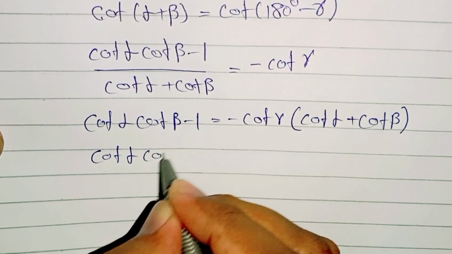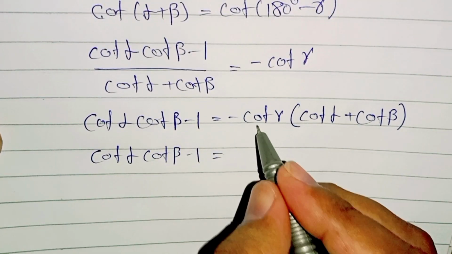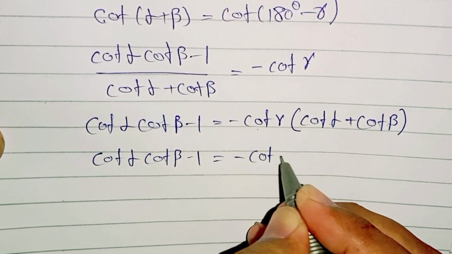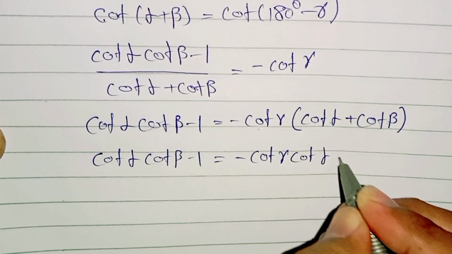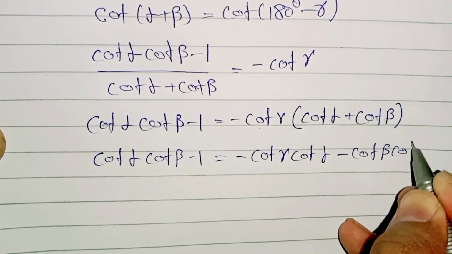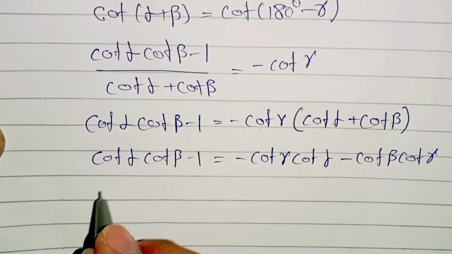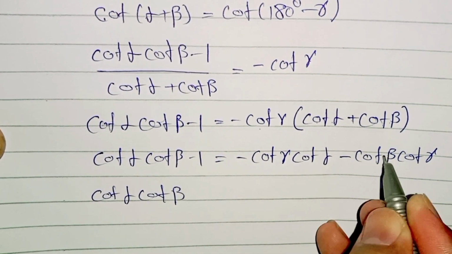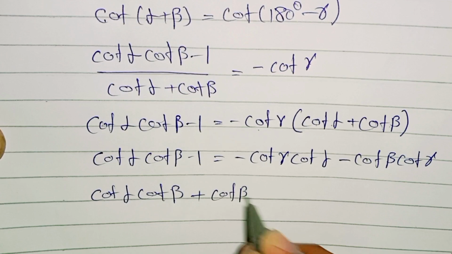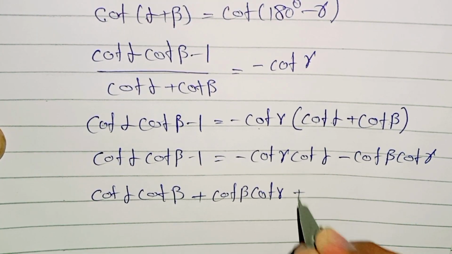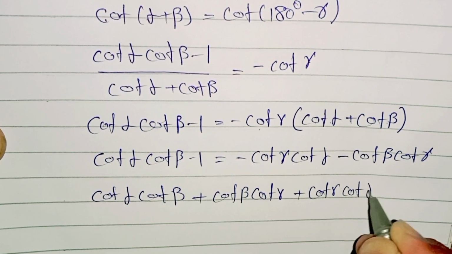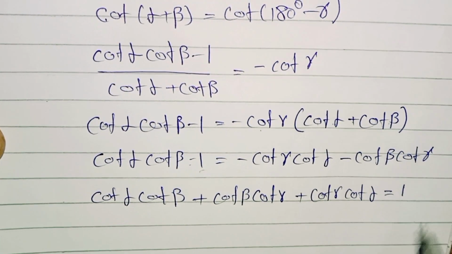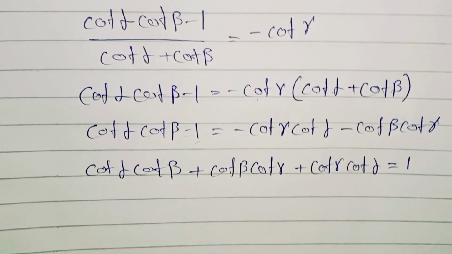Cot alpha cot beta minus 1 is equal to minus cot gamma cot alpha minus cot beta cot gamma. This can be written as cot alpha cot beta plus cot beta cot gamma plus cot gamma cot alpha, and negative 1 on left hand side will become positive 1 on right hand side as required.